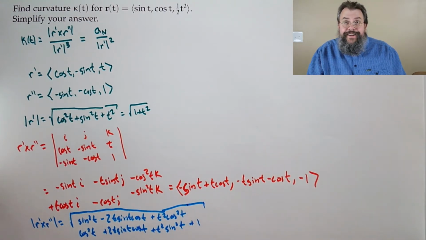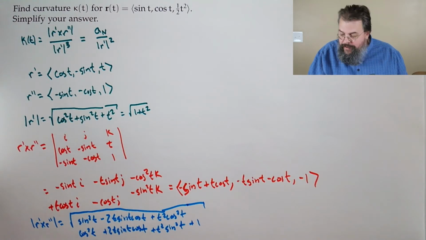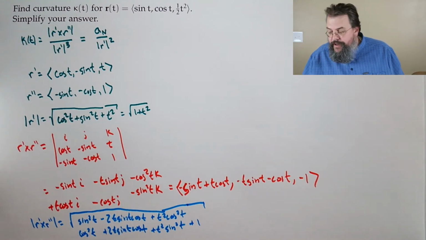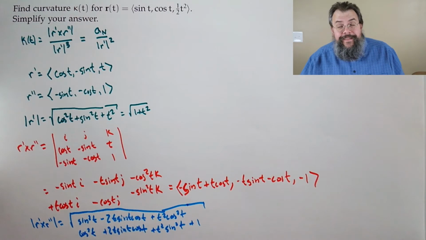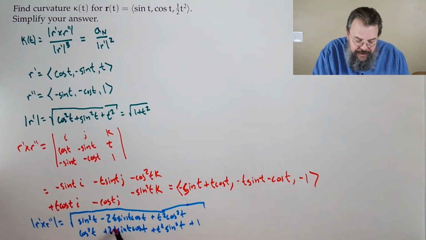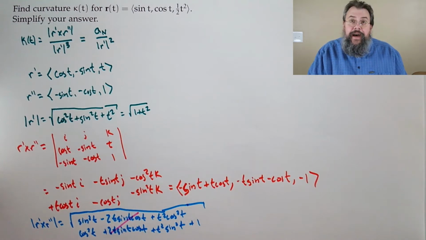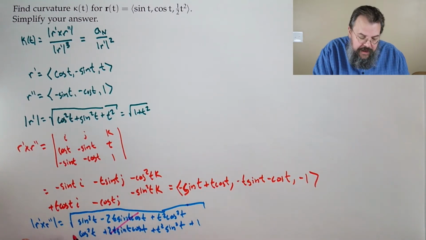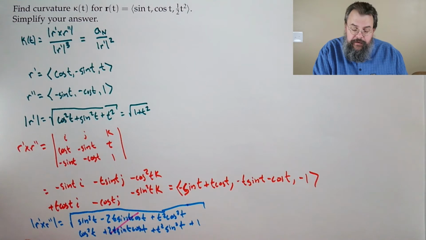Okay, good. So what happens? Well, if we lived a good, clean algebra life, as the saying goes, things should simplify, and they do. But it actually gets better than that. Notice you have sine squared and cosine squared. That makes 1. Here you have another sine squared and cosine squared. That makes 1 times t squared.